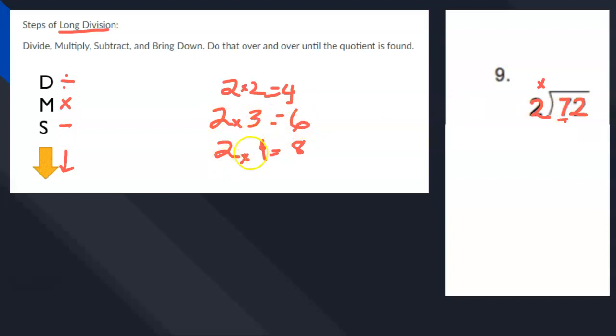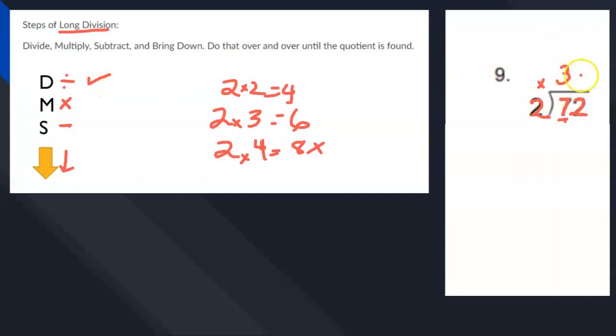That's pretty close. 2 times 4 is 8. That's also close, but it is more than 7. Won't work. Okay, so 2 times 3. That's actually our division step, because 7 divided by 2 is 3.